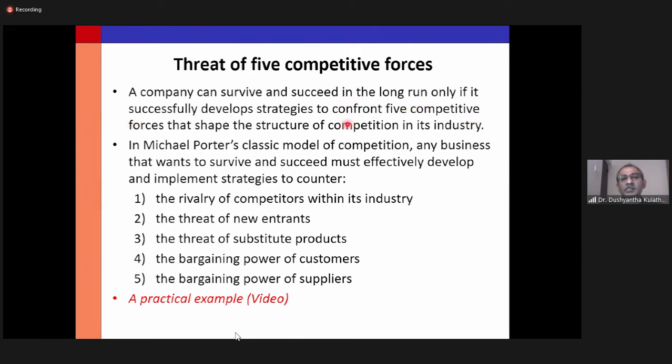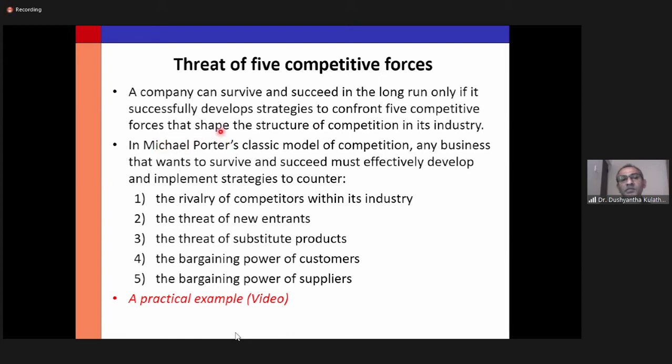As I mentioned earlier, competition is specific to an industry, and the structure of the competition is shaped by competitive forces. So therefore we have to first look at the 5 competitive forces, because they construct the competition that prevails in a particular industry.